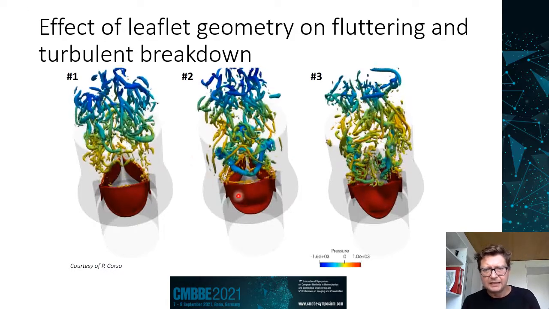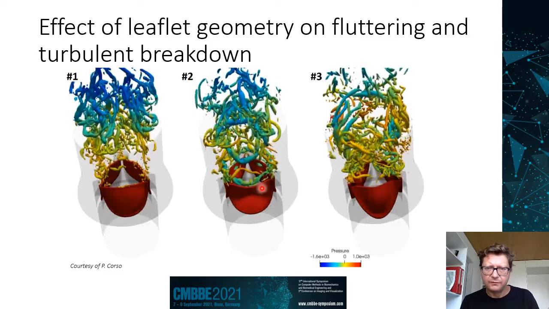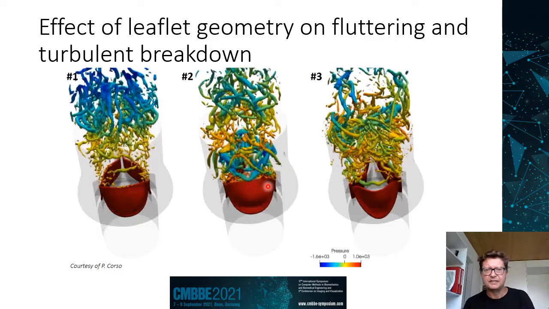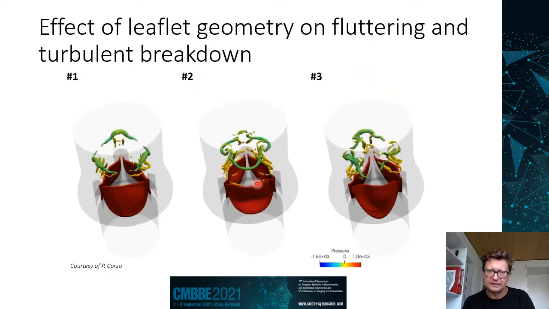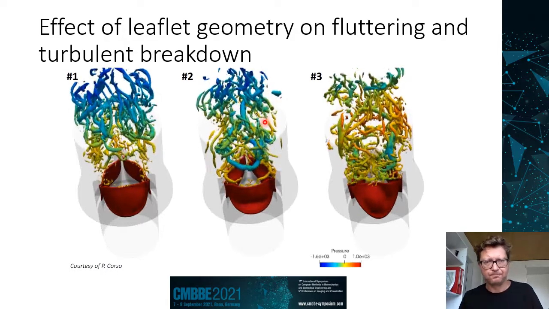In the middle again, the classical configuration we've seen before, with an intense fluttering at approximately 40 Hertz, a vortex ring being issued from the orifice with every fluttering period, a rapid breakdown to turbulence.